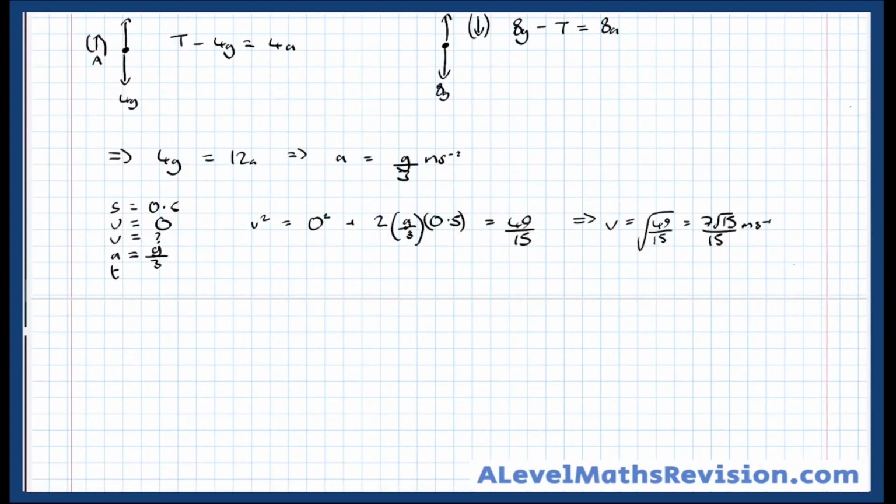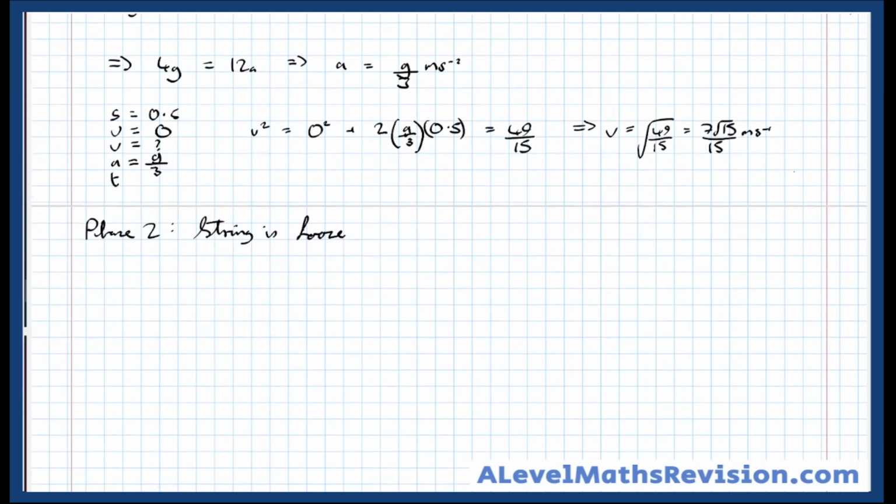So phase 2, string is loose. So we start off with A moving upwards with velocity, initial speed U equals 7 root 15 over 15.